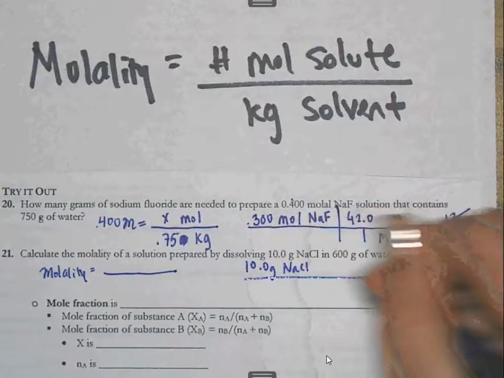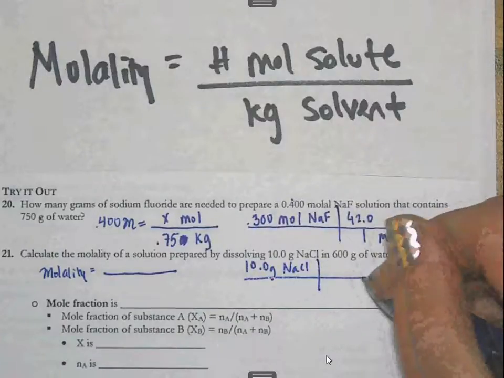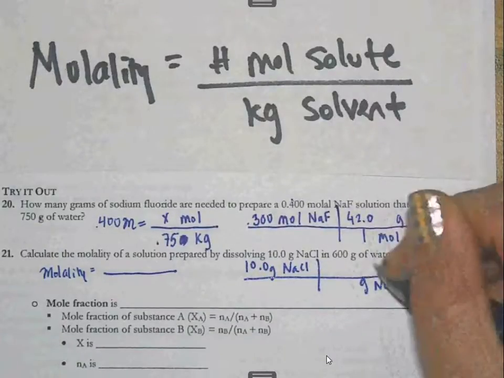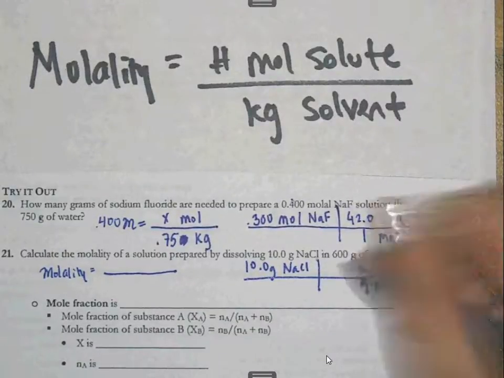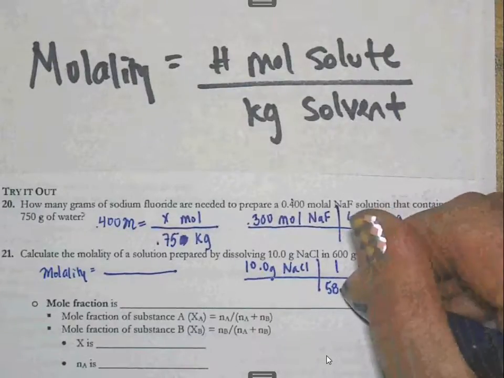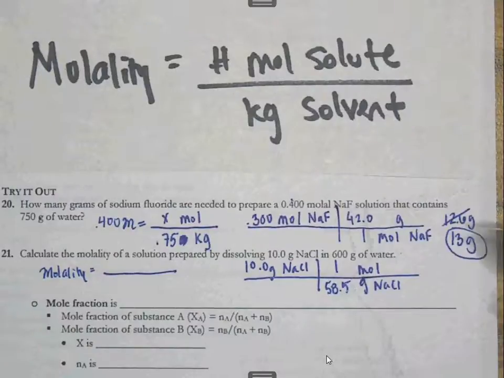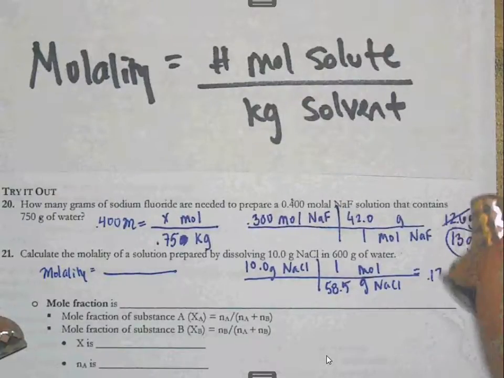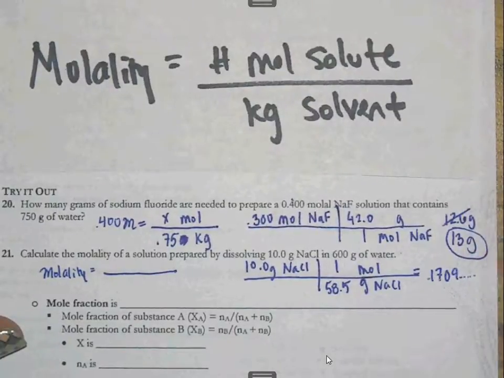Well, just like before, I know how to convert that into moles. 1 mole of NaCl has a mass of 58.5 grams. I just happen to have that one memorized. So 10 divided by 58.5 comes out to be 0.1709 and then some more digits, moles of NaCl.